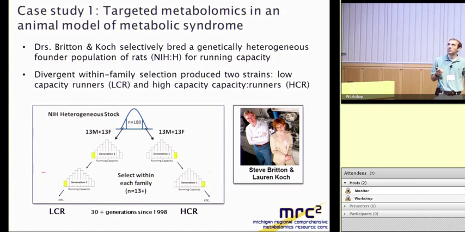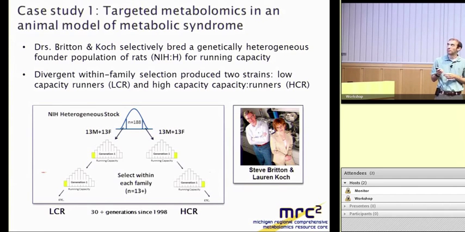So we thought to do something in the middle, to allow more control than just human cross-sectional studies, but to capture some of the genetic diversity and multi-component origin of these conditions.